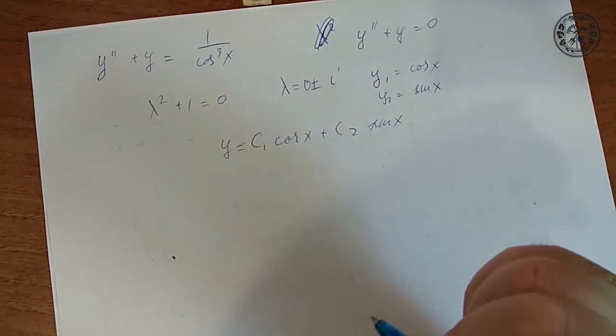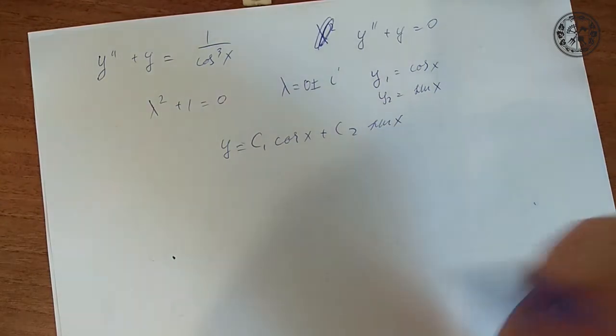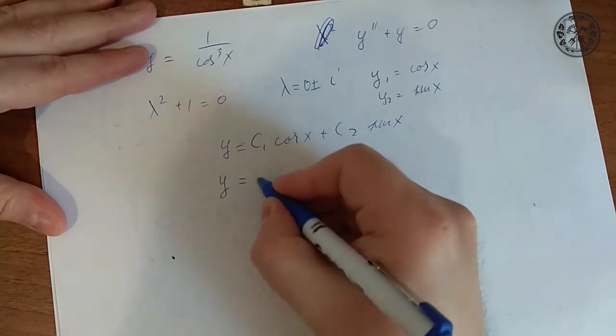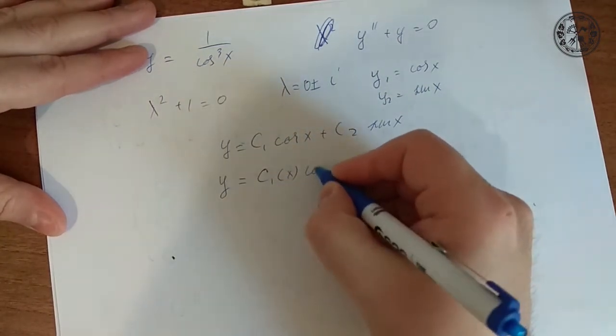And now the Lagrange trick. We presume that c1 and c2 are some functions.